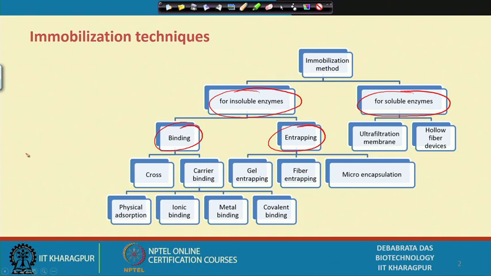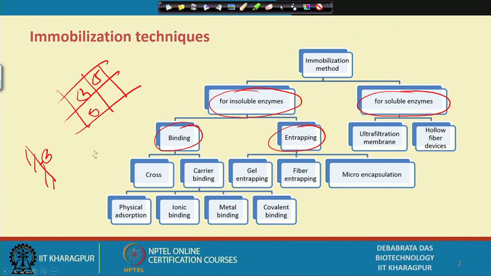Binding means, suppose this is the solid matrix and your enzyme is there, so the enzyme is bound on the solid. Entrapping means, suppose there is a gel; inside the gel, your enzymes are entrapped like this. Or there is a fiber like this, and inside the fiber the enzymes are immobilized. That is called entrapping.